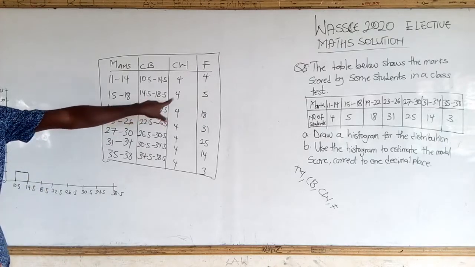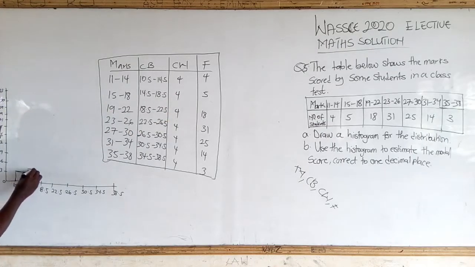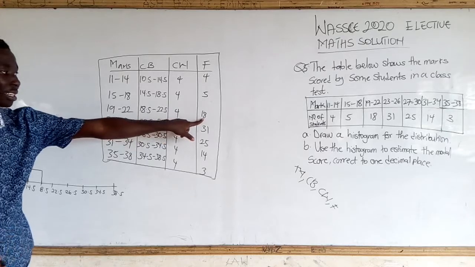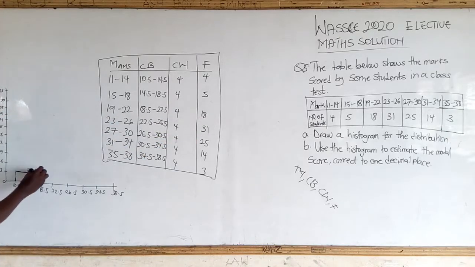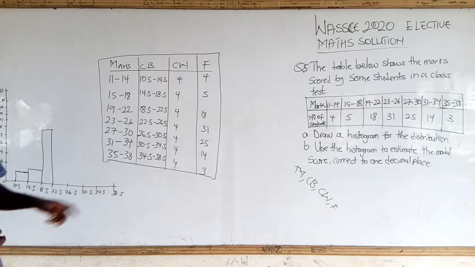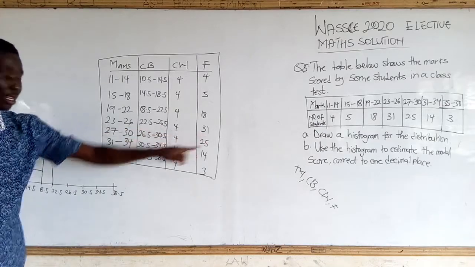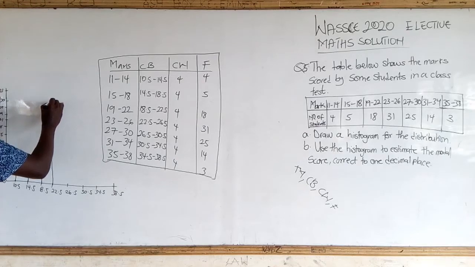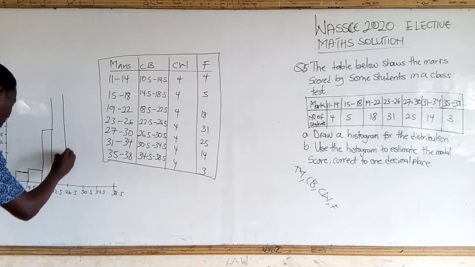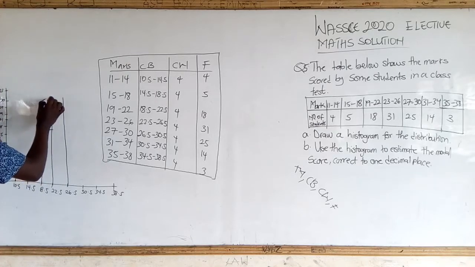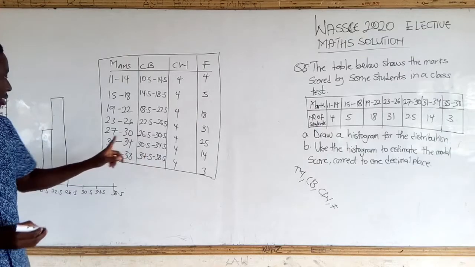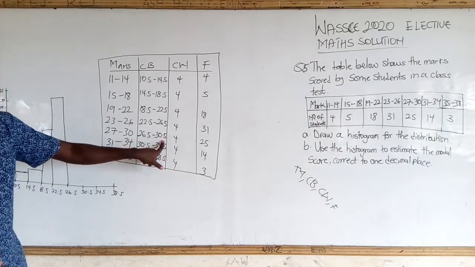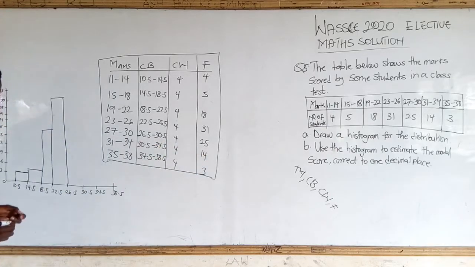Then 14.5 to 18.5 is 5, so that one will be somewhere here. 18.5 to 22.5 is 18, so we are going to extend this. 22.5 to 26.5 is 31, so we extend this to 31. 26.5 to 30.5 is 25, so we extend this to 25.